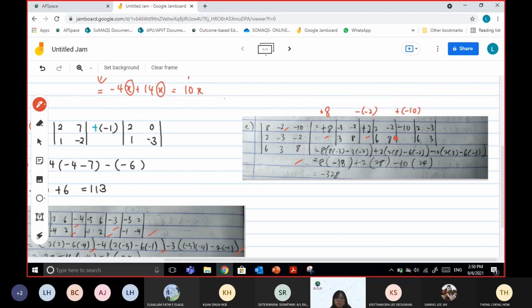Blocking the second column: 2, 6, -2, 8. Blocking the third column: 2, -3, 6, and 3. Yes, correct. Then we solve it and we get -3, 2, 8. So this is correct. This is the answer for E. Please check your solution.